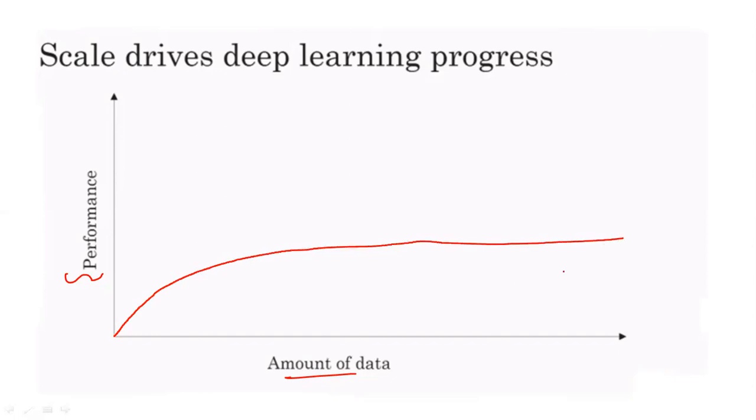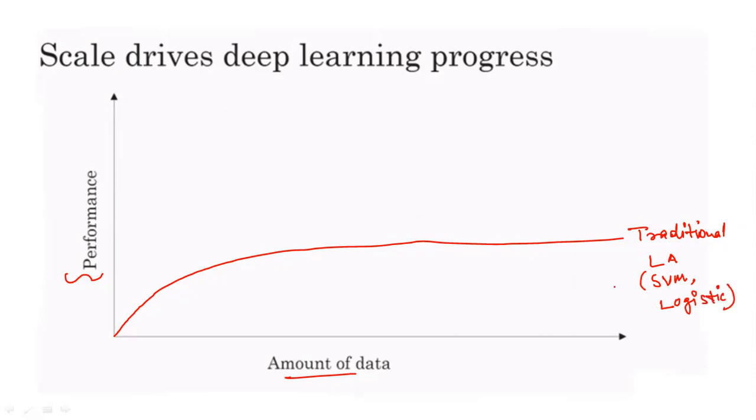As you can see here, this is the curve that we are drawing for the traditional learning algorithms. By traditional learning algorithms, we mean algorithms like support vector machines or logistic regression, etc. So these are the traditional machine learning algorithms.